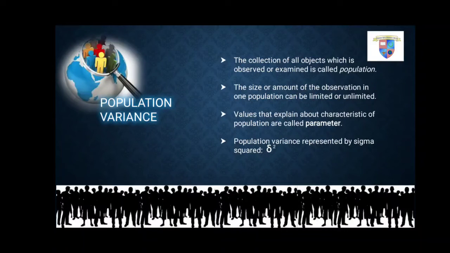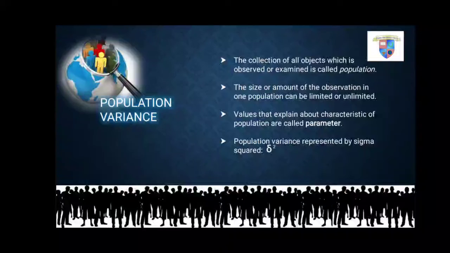So let's discuss first what the population variance is all about. It says here that the collection of all objects which is observed or examined is called population. The size or amount of the observation in one population can be limited or unlimited.